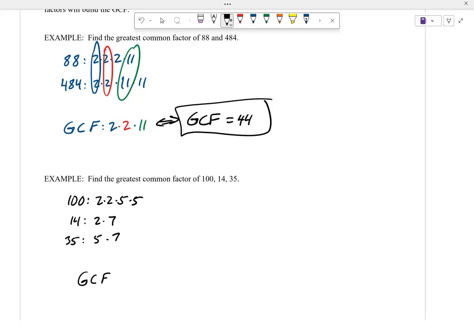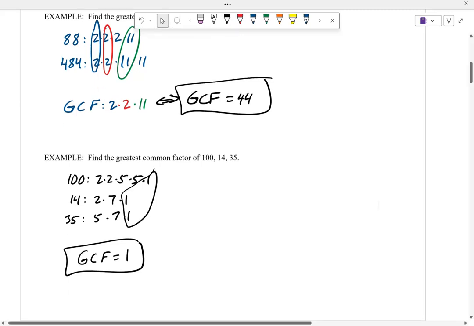That's a problem. They don't all have a 5. They don't all have a 7. My goodness, what's the greatest common factor then? Well, the only number we didn't write is 1. All of these times 1, right? So if they share nothing else, our GCF is 1. Their greatest common factor is just 1.